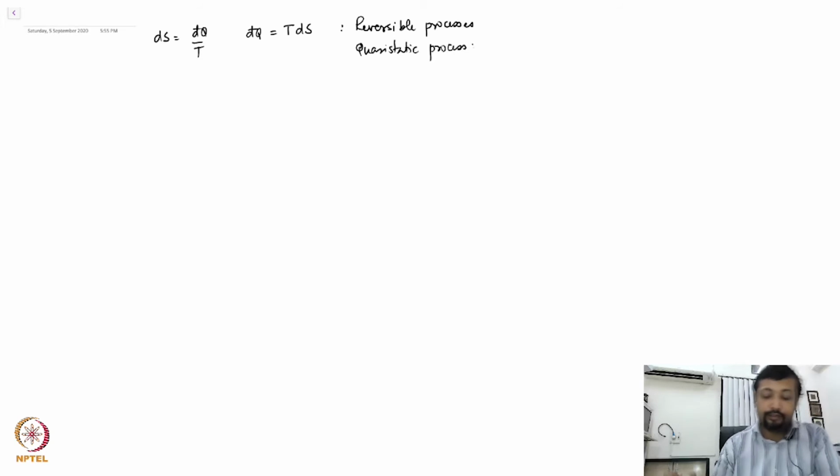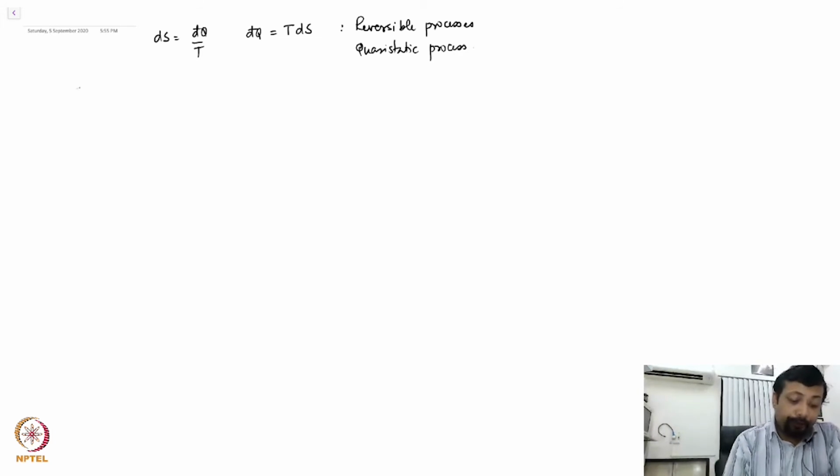Right? So I know that dS is đQ by T. So in principle, it follows that đQ equals T dS, and this is true for all reversible processes or quasi-static processes which are necessarily reversible.